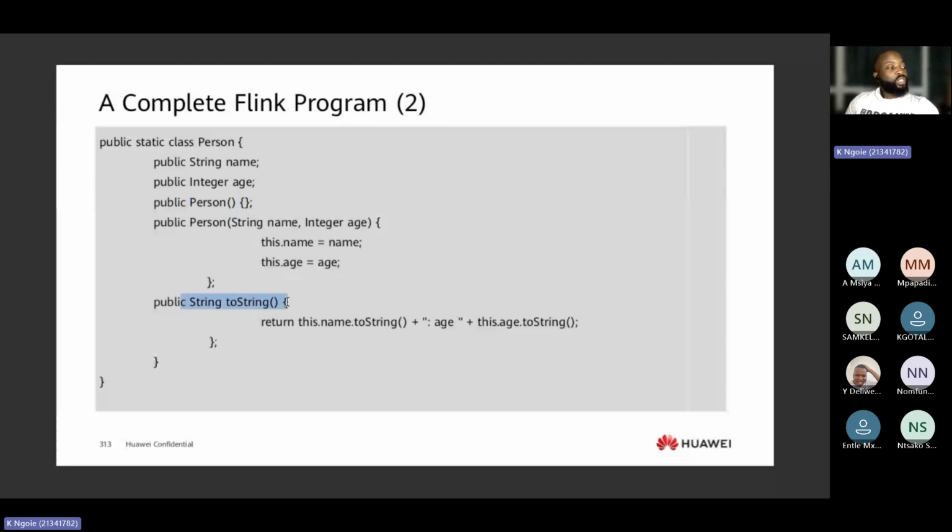And then in terms of destination, the data sink, in this case, we just want to display a sentence, where we take the name of the person and the age of the person. We can say maybe my name is so and so, and my age is whatever information we have.